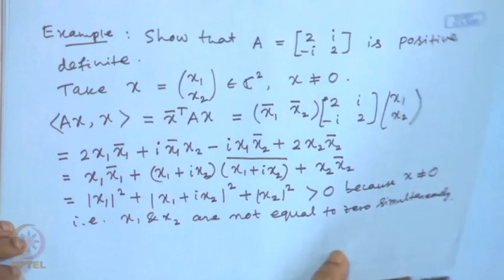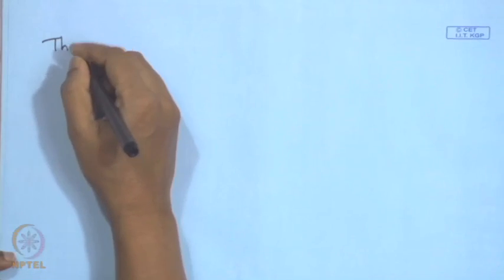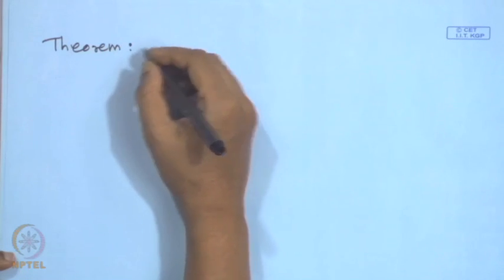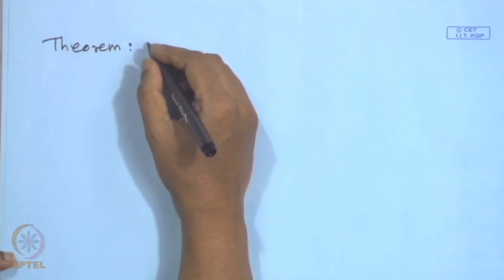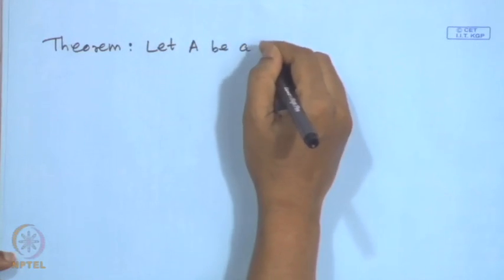Next, let us state the nature of the eigenvalues of positive definite matrices and negative definite matrices. Of course, we shall not prove this result, we just state it. So, let A be a Hermitian matrix.